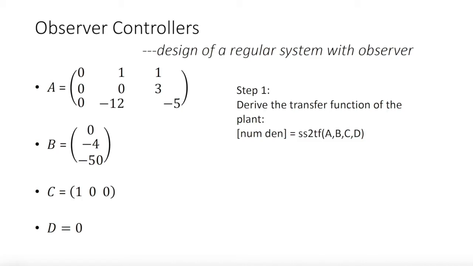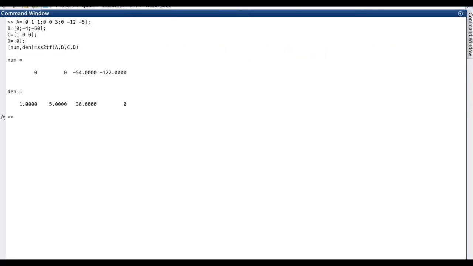This system is a 3 by 3, with one input and one output. The transfer function will be computed for the first step using this A, B, C, and D. Here we can see that for A, B, C, and D, the related transfer function will be computed like that.